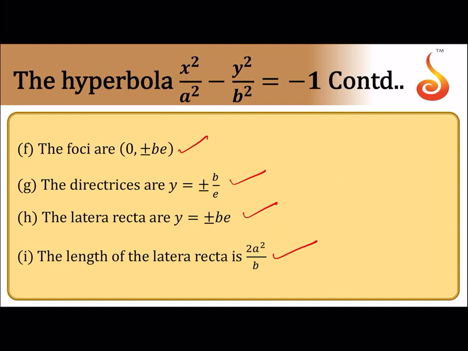These are the directrix equations. Latus rectum 2a square by b. In this case, there is no smaller number, bigger number. Just remember 2a square by b. Obviously, by putting y is equal to 0, you get x imaginary. If I put x equal to 0, you are getting real values of y.